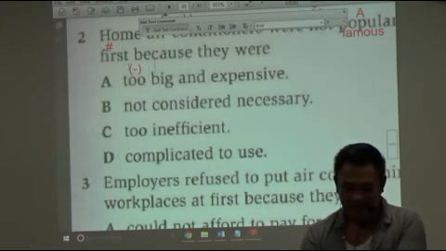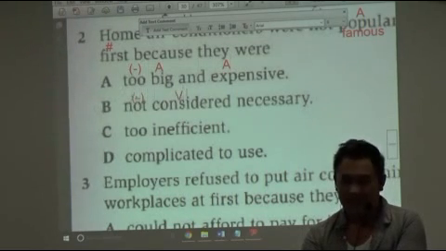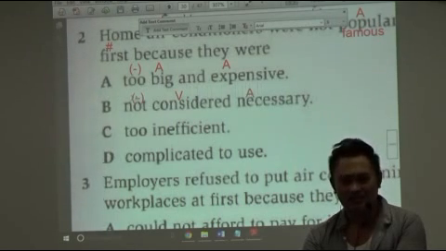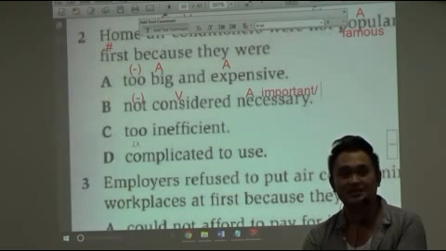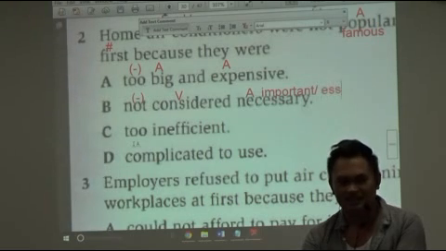Too big, adjective, and expensive. B. Not, negative. Considered, verb. Necessary, adjective. What does necessary mean? Important. Or another word, starts with E. Essential.